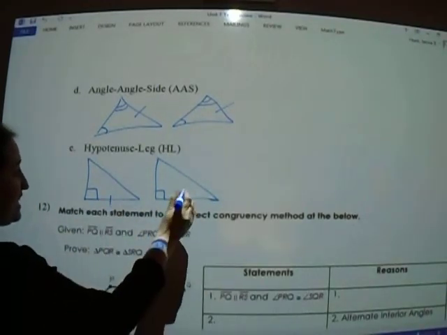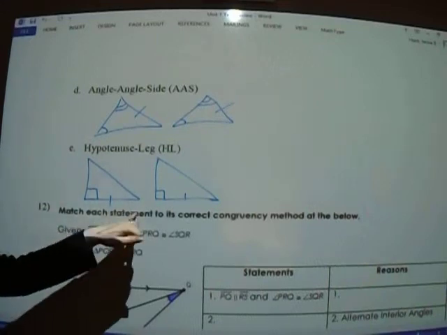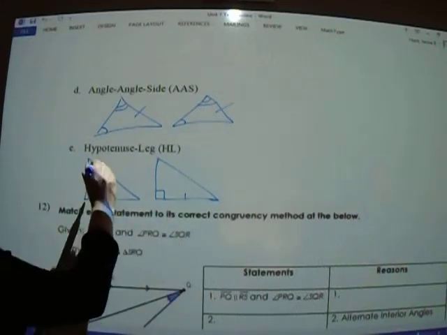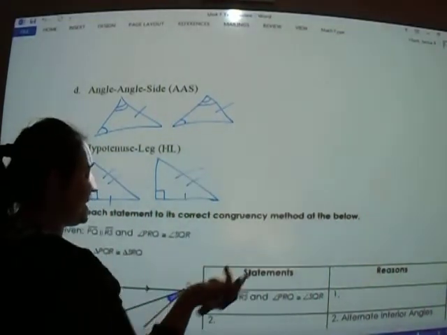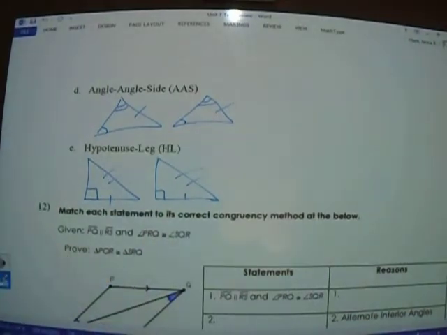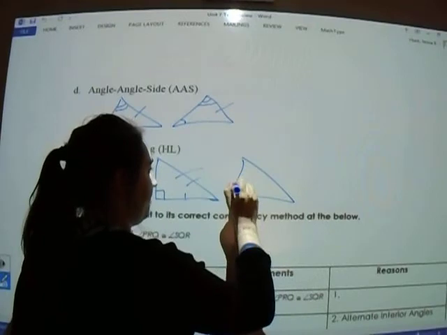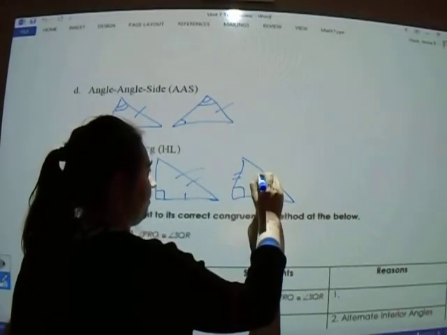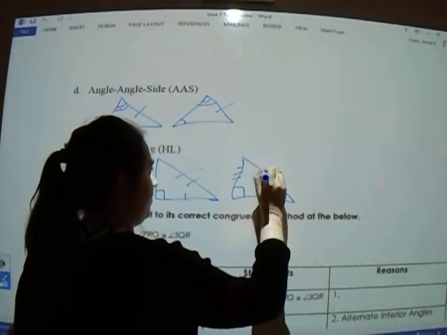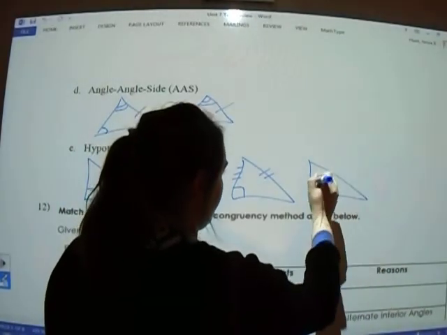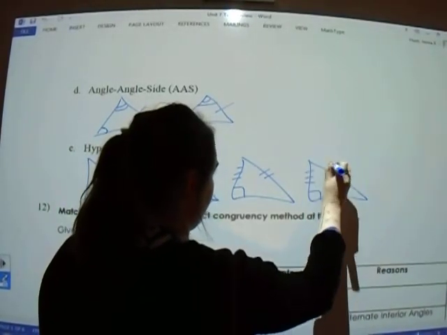One of the legs, at least, matches up to another leg, and the hypotenuses are congruent. It could have also been another way to do that. Alright? Those are our two options for that one.